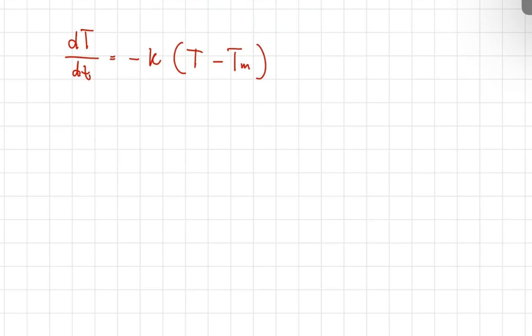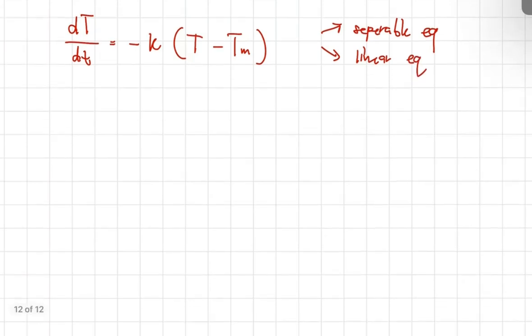To solve this one, you can use either a separable equation or a linear equation, because both methods work. For solving this one, I would like to use a separable equation. So I need to separate the variable capital T and the small letter t. Here this side consists of one variable, T minus Tm.